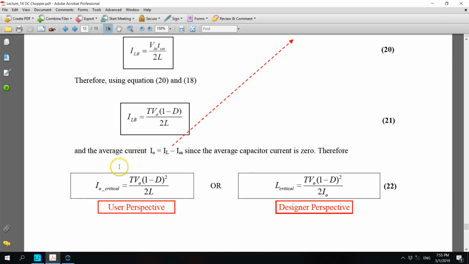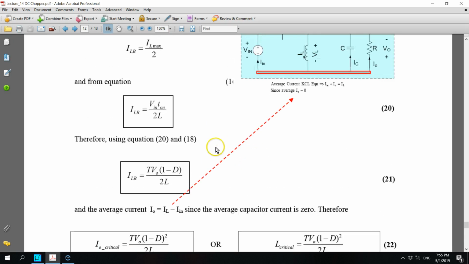Or from the user perspective, if you reorganize the equation, you can find that L critical, the minimum size of L, equals T V0 (1 minus D) squared divided by 2Io.